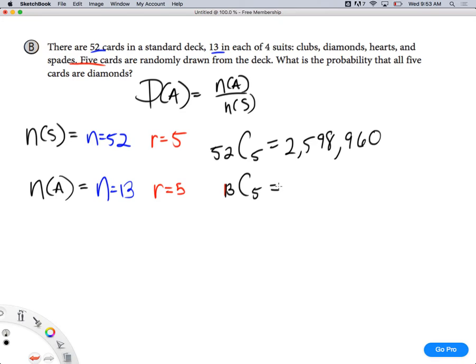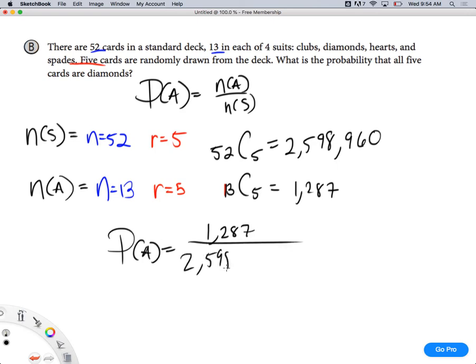Plug that in my calculator. And I get 1,287. To get PA, it's just NA over NS, which is 1,287 over 2,598,960, which is 0.000495, or approximately 0.05%. That makes sense?